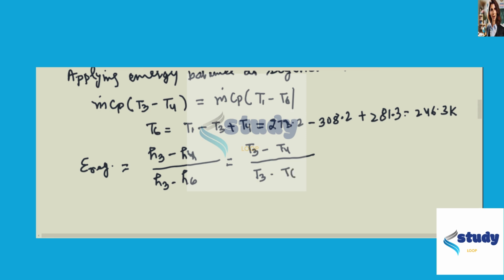Now substituting the value, T3 having the value 308.2 minus T4, that is 281.3, upon 308.2 minus 246.3.